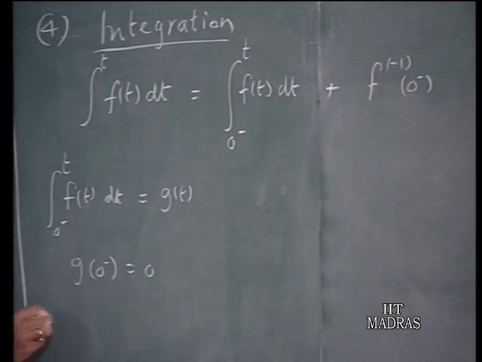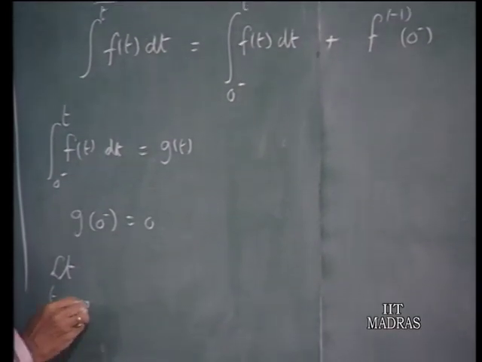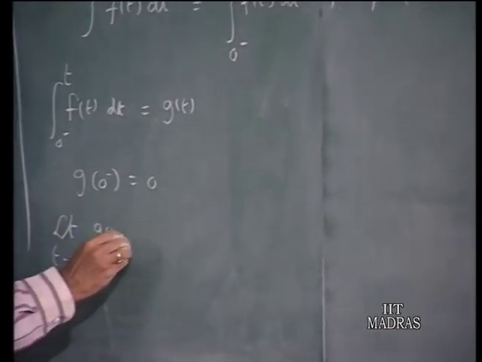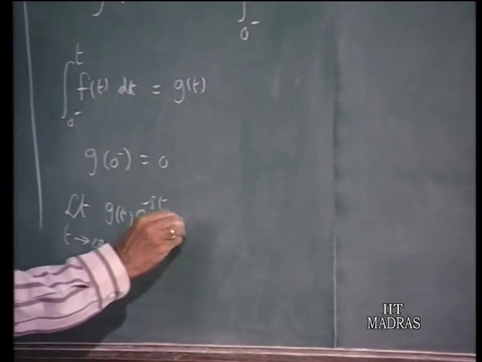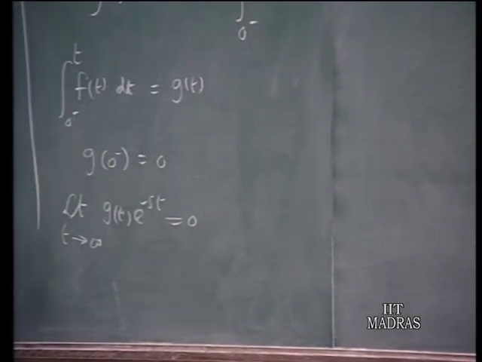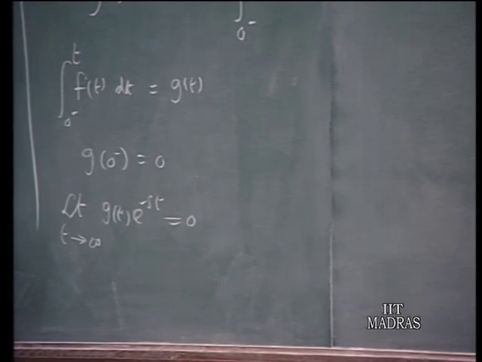And further, let the limit as t goes to infinity of g(t) e to the power of minus st equal 0, because we are taking g(t) to be Laplace transformable, and we are taking the real part of s such that this tends to 0. That means s is within the region of convergence of the Laplace transform of g(t).